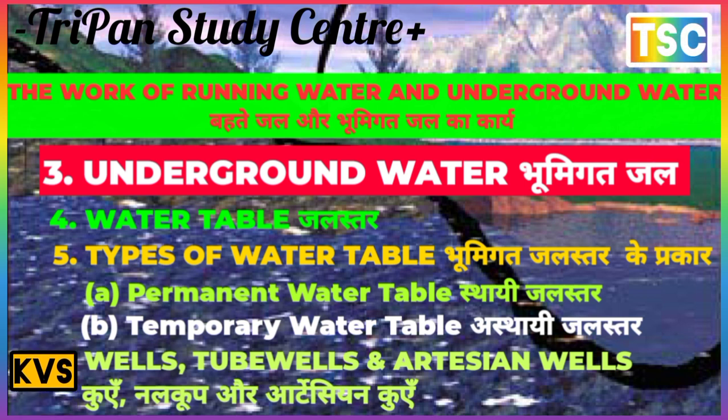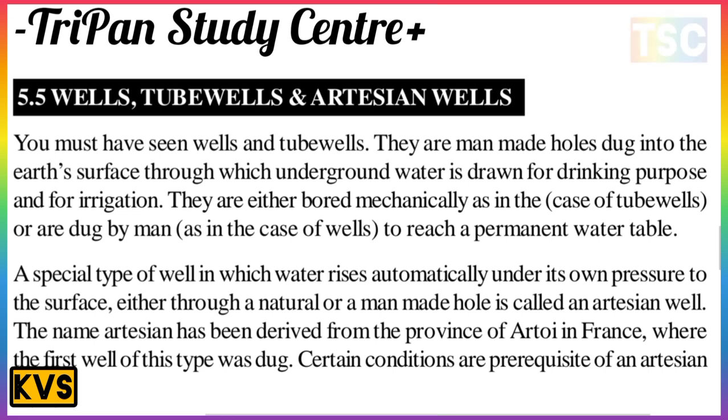That is the most important here. You must have seen wells and tube wells. These are holes made or dug into the earth, through which underground water is drawn for drinking purposes and irrigation. They are made mechanically, as in the case of tube wells, or dug by man, as in the case of wells, to reach the permanent water table.